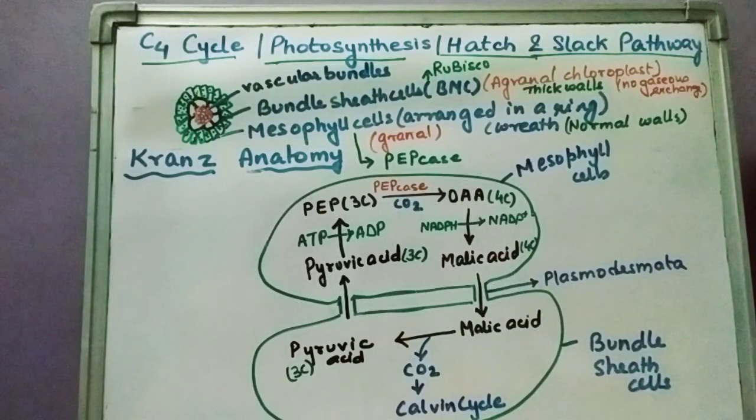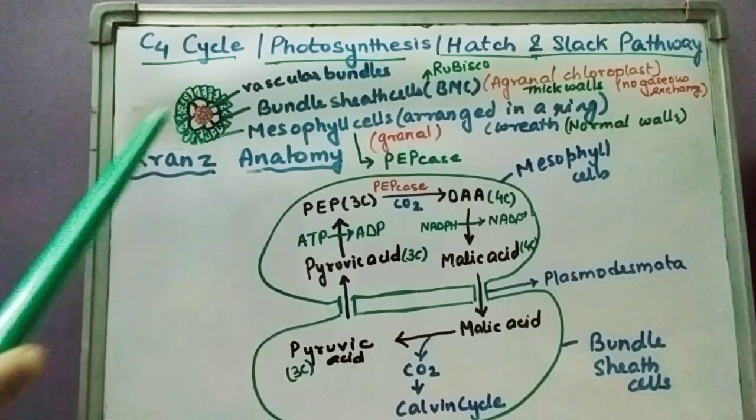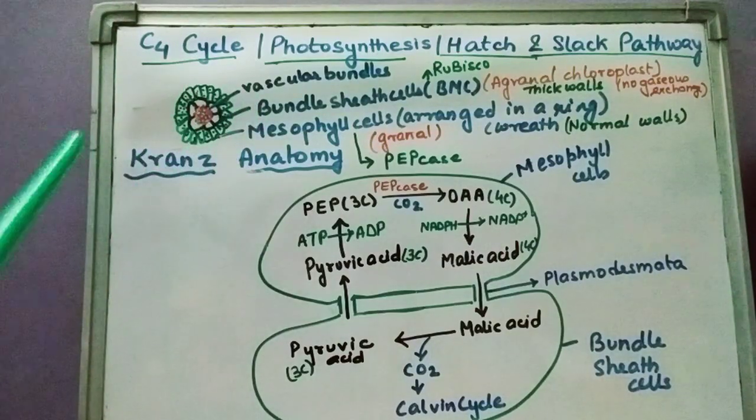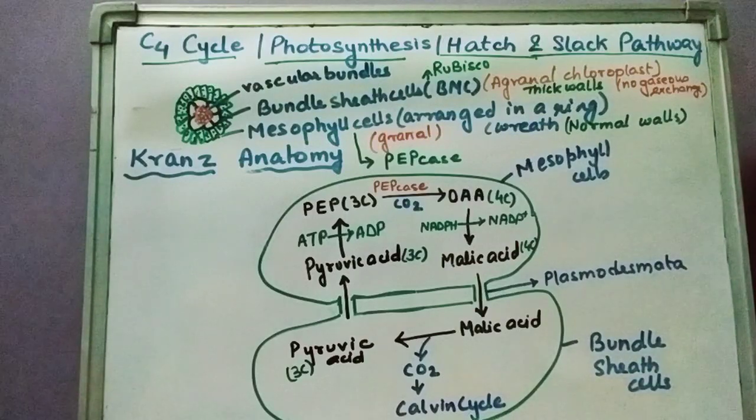Now in this C4 cycle, the plants which show C4 have a characteristic anatomy in the cross section of their leaves. You can see on the board a circular ring-like structure, and this particular arrangement of the cells in the form of a ring is known as Kranz anatomy.